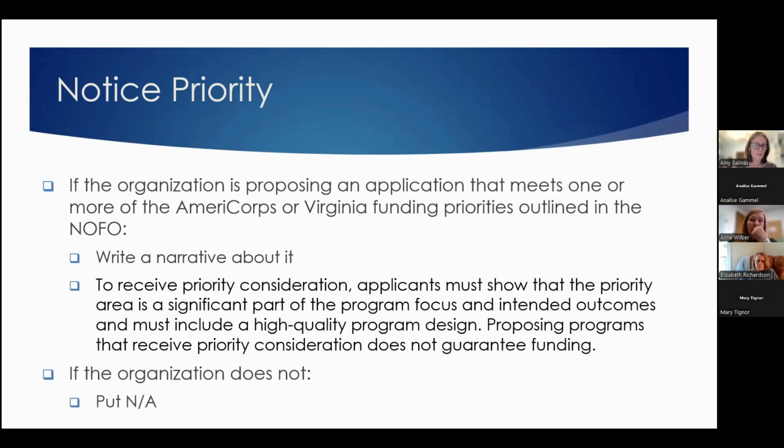One of which I'm assuming will be youth mental health. So if you're proposing an intervention that meets one or more of the priority areas outlined, you'd want to talk about it. If you don't, which I'm assuming will not be the case, you can just put not applicable. But if you do, you want to write some narrative about it. You want to say, yes, we meet this priority area, and here's some proof as to why we do.